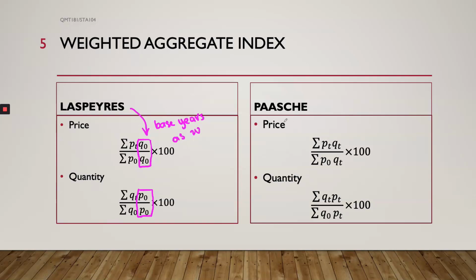Meanwhile, for Paasche, the price and quantity use information of the current year as their weightage. If you look at price, the weightage will be quantity at the current year, and for quantity, the price at the current year will be its weightage.